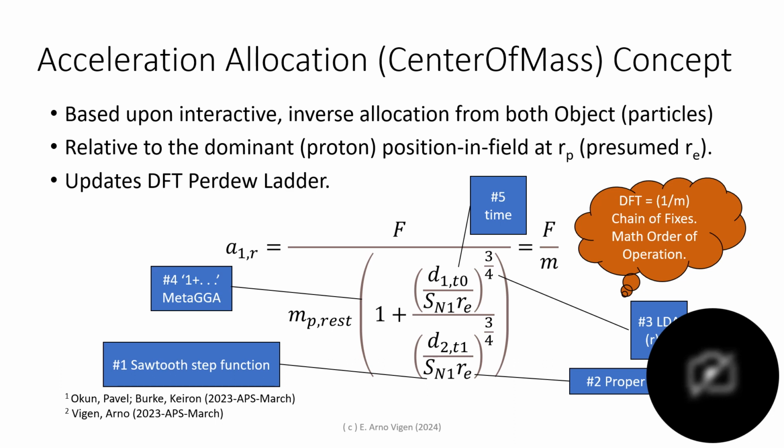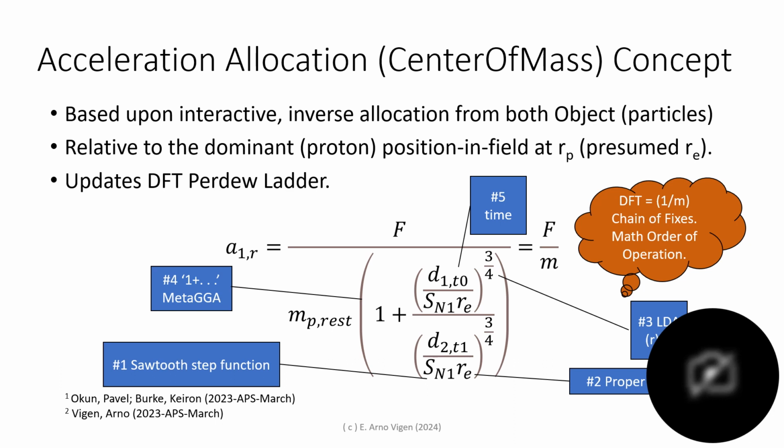But when we do it this way, we can take out that relativity step. And so number 4, which means that the originators, Kohn and Sham and those guys, had it correct when they were adding meta GGA and such. And now, of course, number 5 is time, because basically these distances occur with some delay for the fields to propagate.